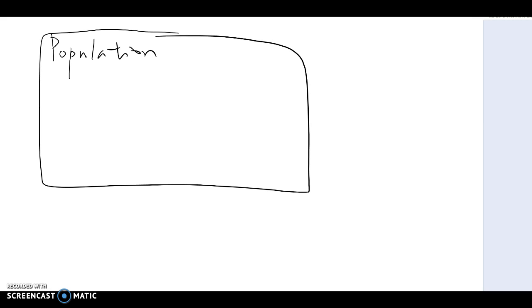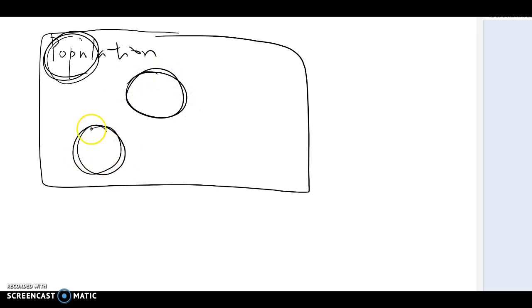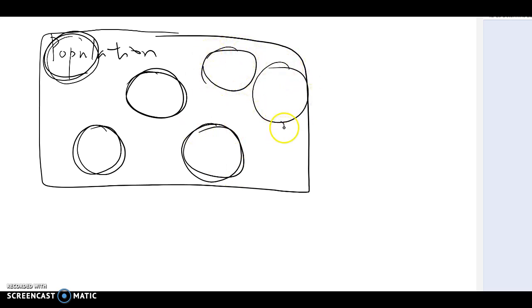When you collect the sample, sometimes you may select it around here, sometimes here, sometimes here. So there are many different possibilities to take a sample, right?